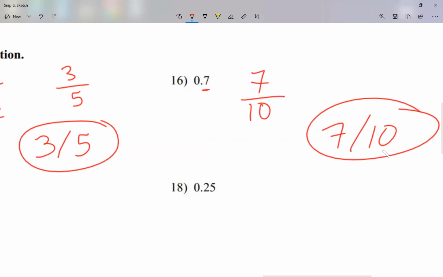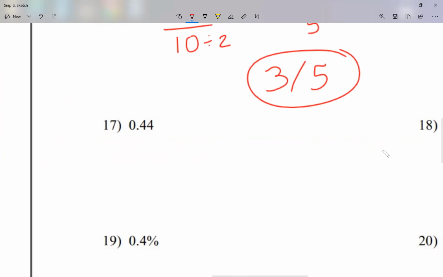Let's take a look at question number 17. I'm going to write 44 over 100. Now notice I did two zeros this time. The reason why, because there's two decimal places. Remember how many numbers after the decimal point. Okay, so here I can make this smaller.